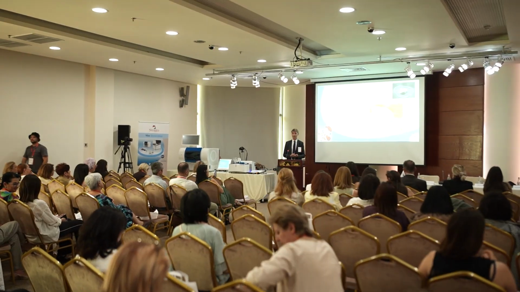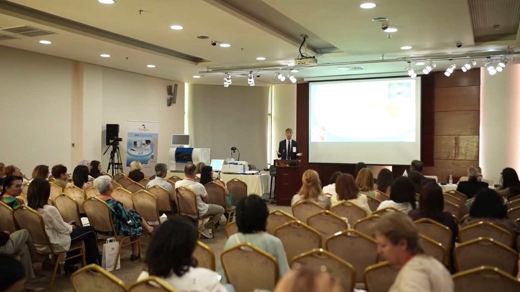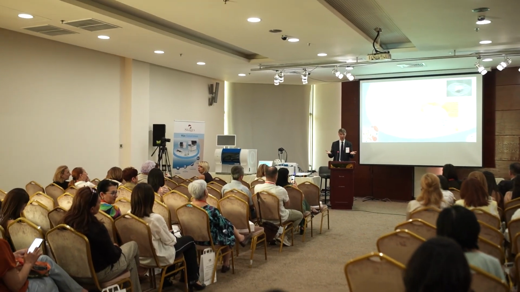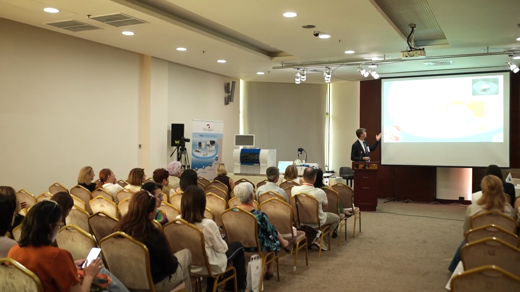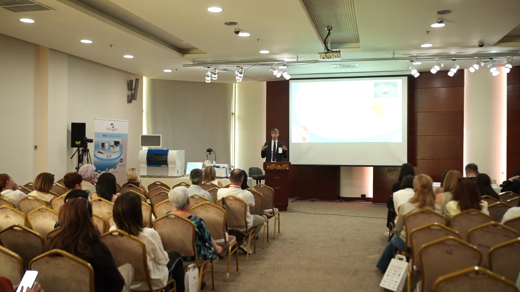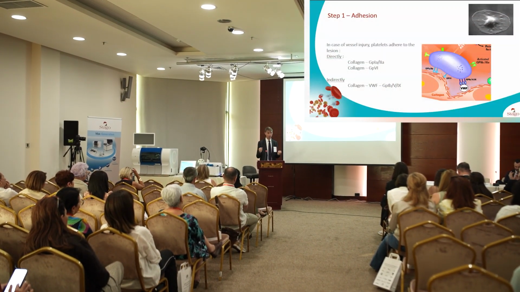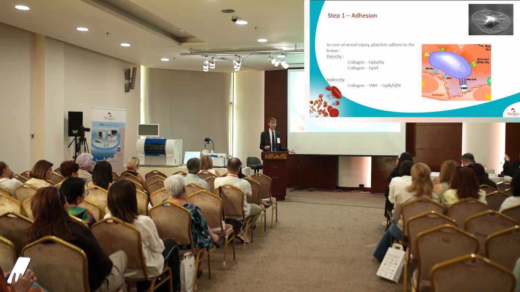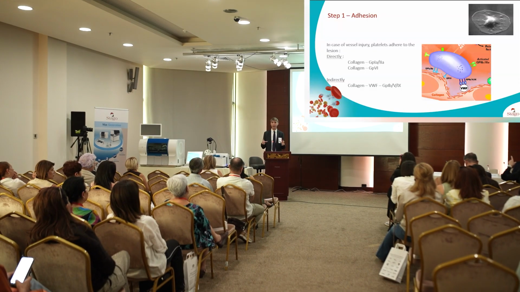If we take them one by one, step one is the adhesion. So we have a vessel injury. The endothelium, which is not supposed to be seen normally, is then presented to the platelets. And so the platelet will go to bind to the endothelium, to the collagen, thanks to different receptors.